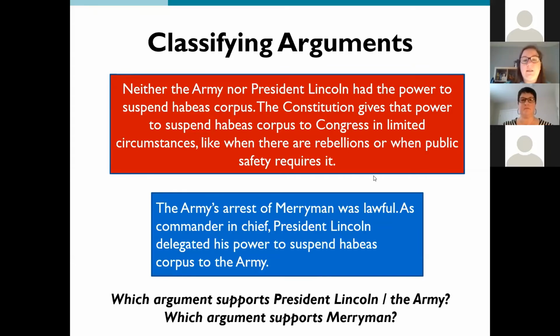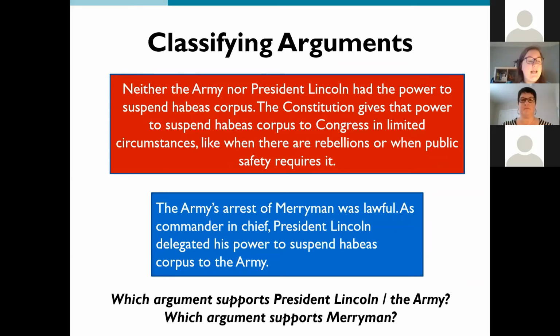So then obviously the blue argument is in support of President Lincoln, that it's lawful and he is able to delegate it. Though if I had to compare these two and say which argument was stronger, I might say that red's stronger because it's got the power of the Constitution behind it. But that's certainly a question to ask students, is which arguments are stronger and why.